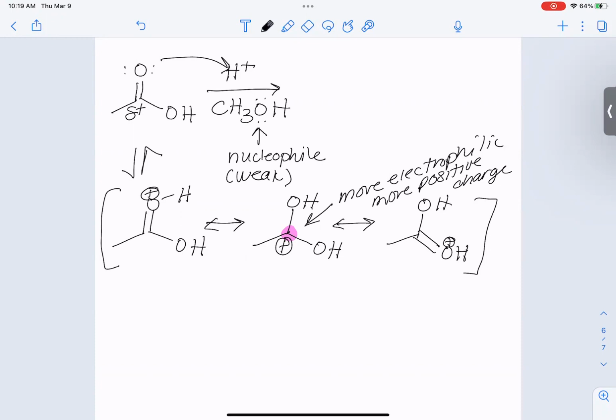So now our alcohol or oxygen can act as a nucleophile.